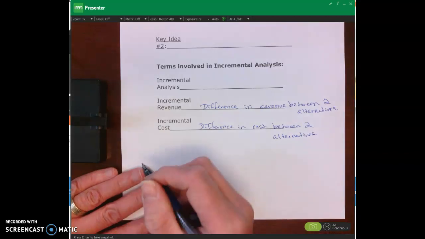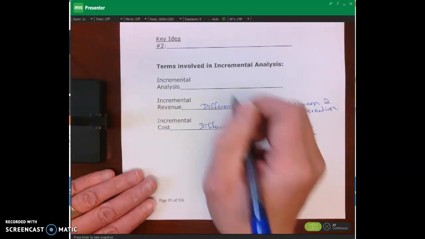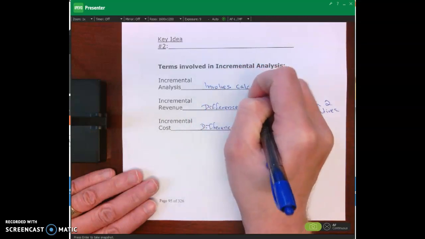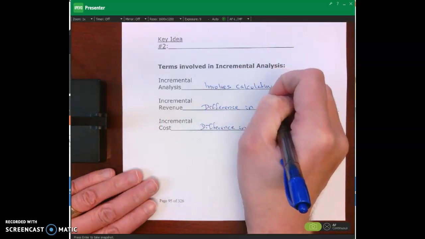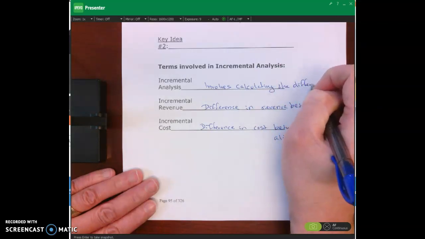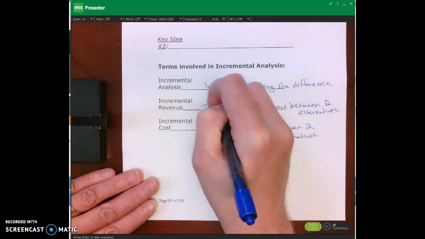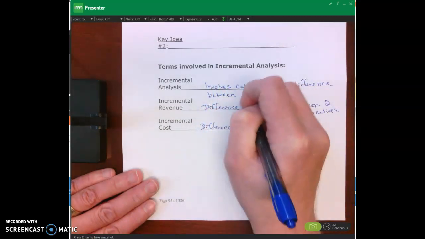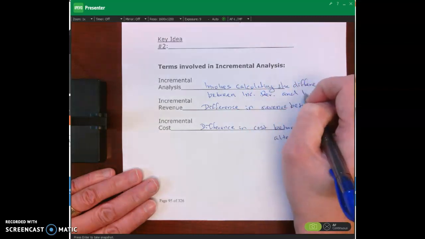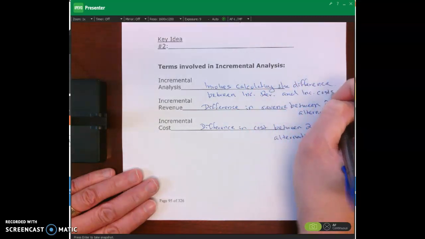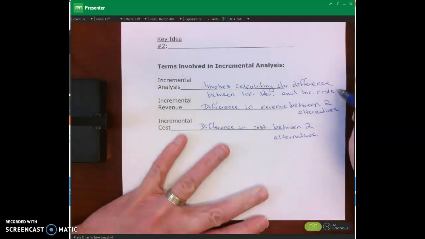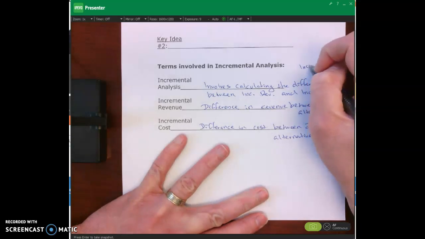And then finally, we can say incremental analysis involves calculating the difference between incremental revenue and incremental costs. So basically the difference between incremental revenue and incremental costs would be our incremental profit.